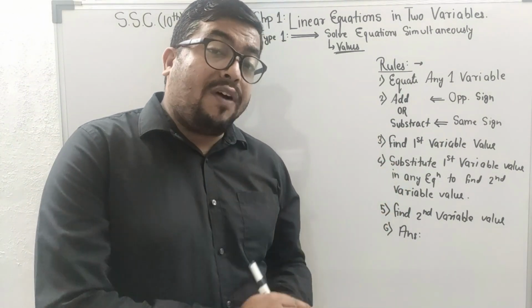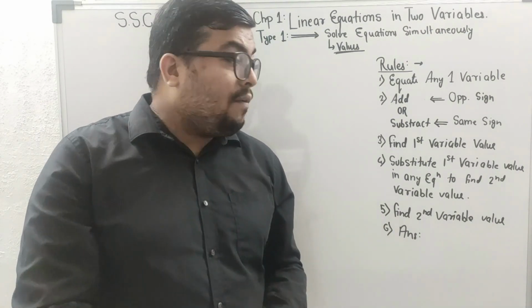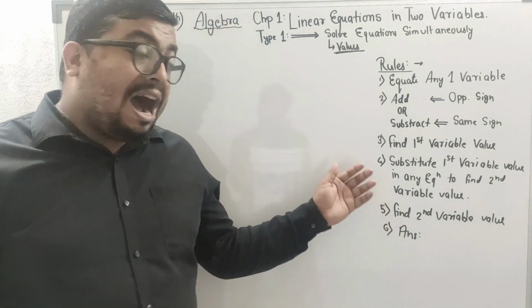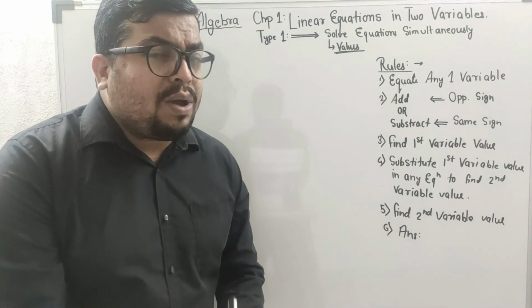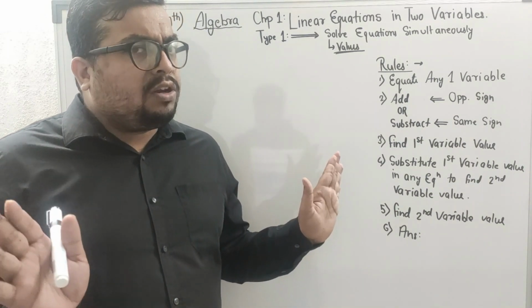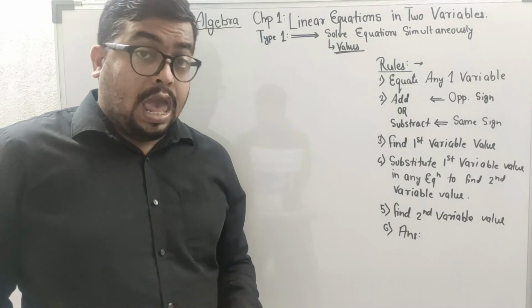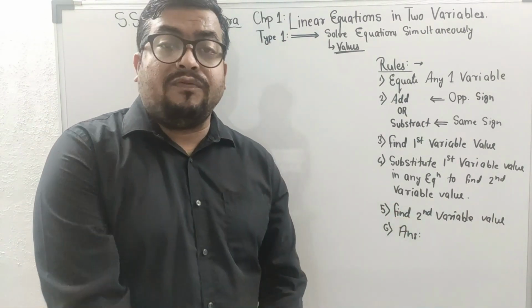Third, after adding or subtracting, you have to find the first variable value. After that, you have to substitute the first variable value into any equation in the given question to find the second variable value.